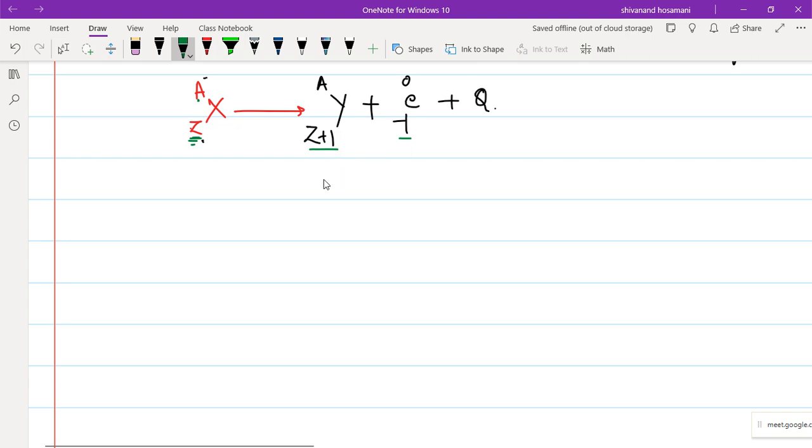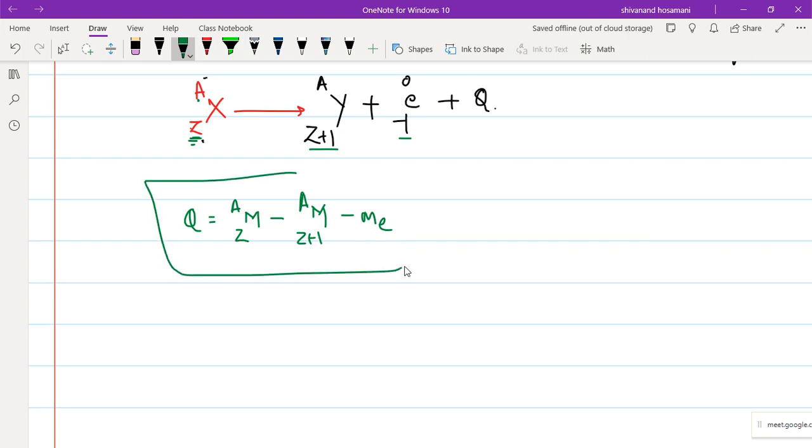But this Q is defined as the energy difference, the energy that is going to be released. That Q can be calculated. Q is nothing but the original nucleus with A and Z, and the product that it converts to, A and Z+1, along with the mass of the electron that is also released.